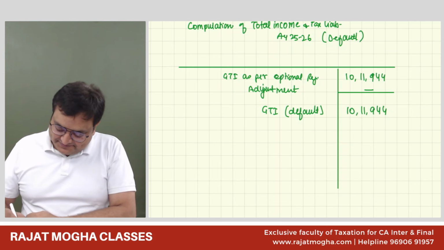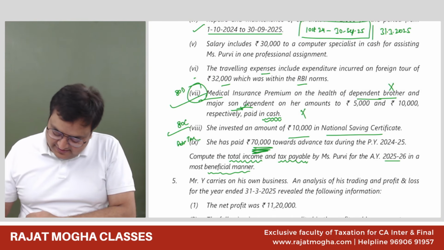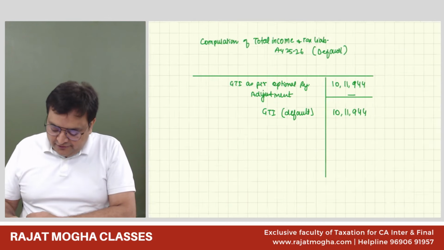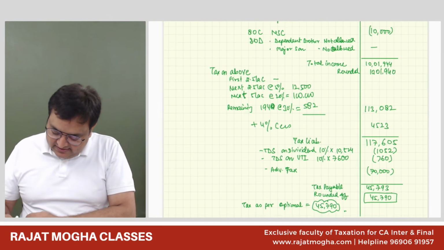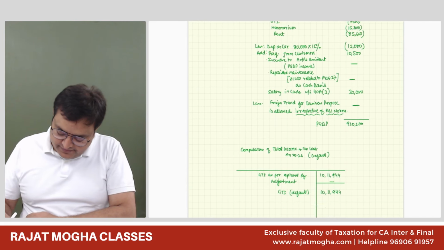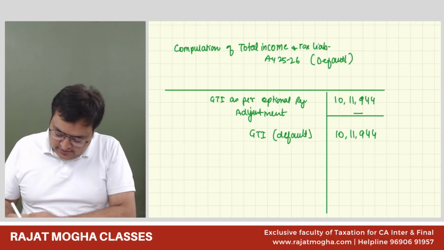Okay. Now, GTI, we got it as per default. Now there is a deduction of 80C, 80D, something, but we will not get any deductions over here. Less 80C, 80D, we will show that not applicable over here.